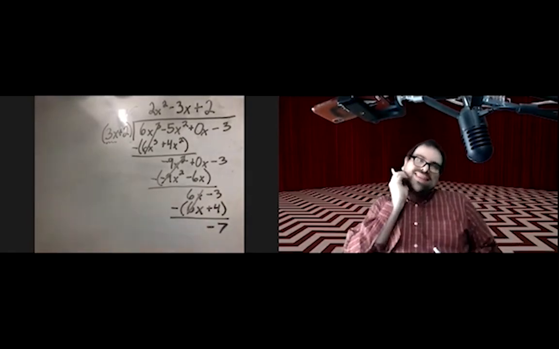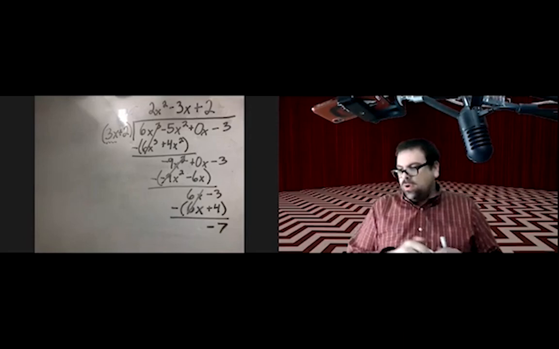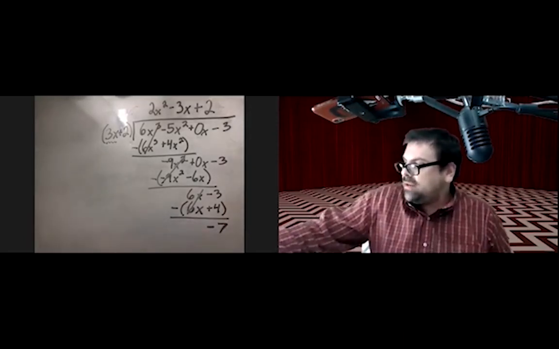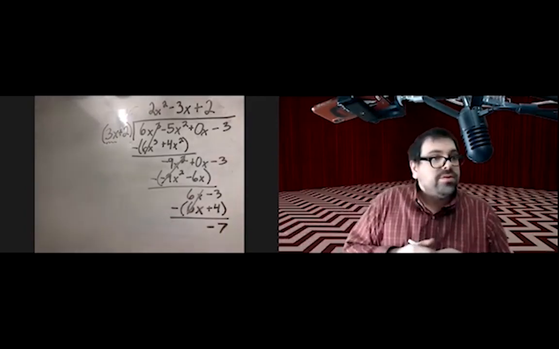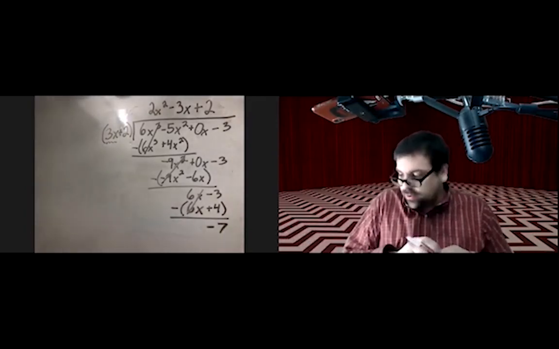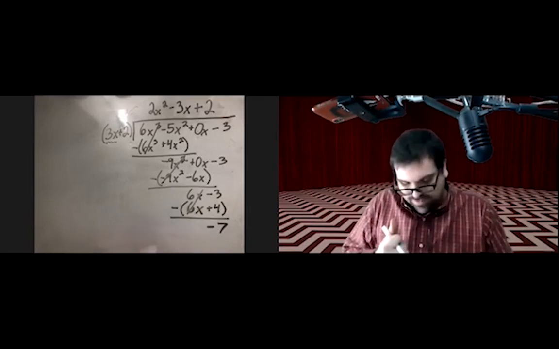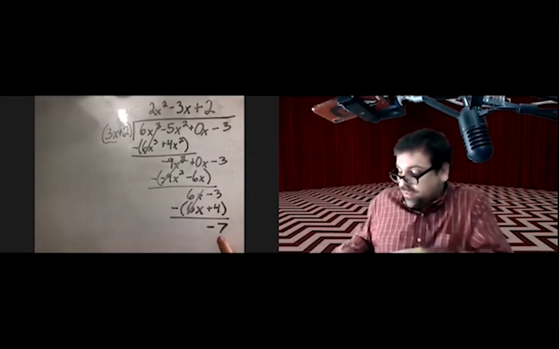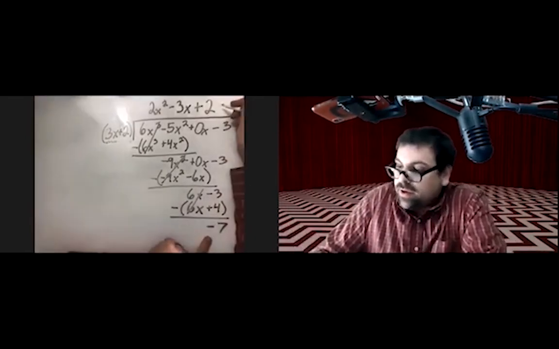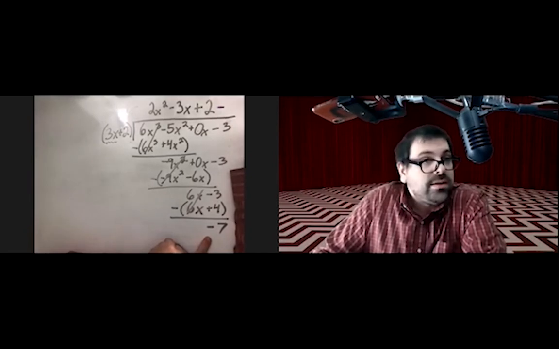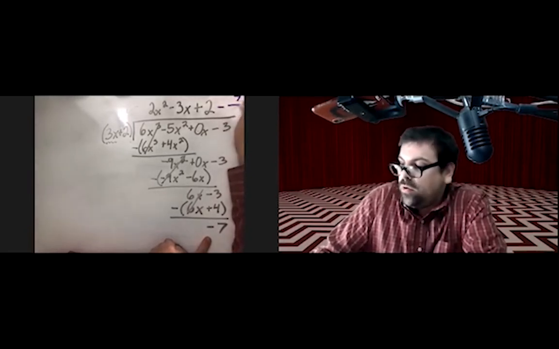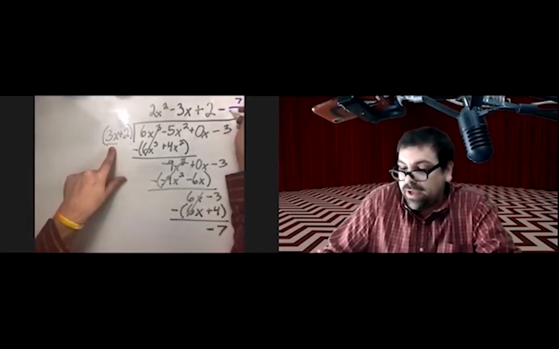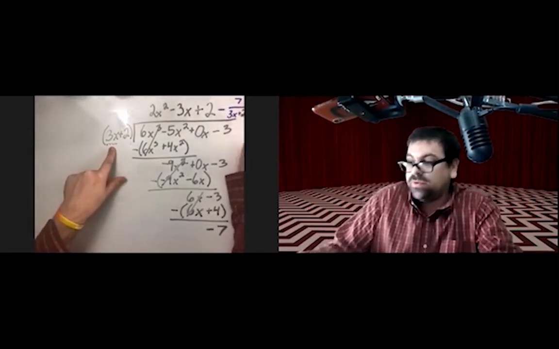Now, what do I do with that? Well, remember I said the way we're going to deal with remainders is going to be most similar to the fraction method. So we have a minus 7. I'm going to go minus 7 over what we're dividing by, 3x plus 2.